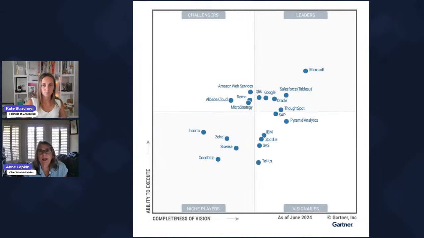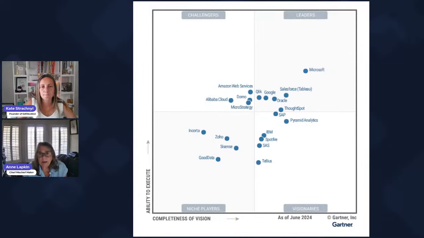The upper right quadrant is leaders. Those are people who have both the ability to execute and a good vision. Challengers are very good at execution. They're very good at selling their existing product, servicing their existing customers, but they may not have the vision for what the market is going to need in the future.